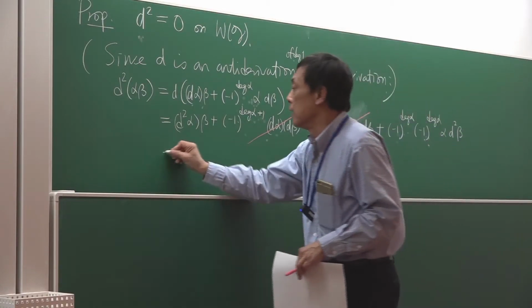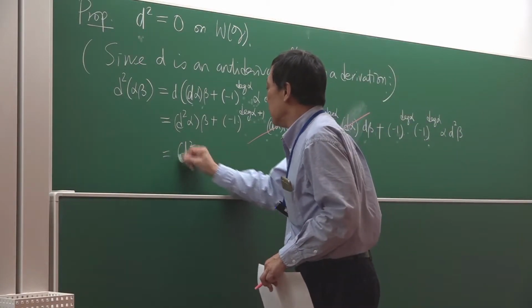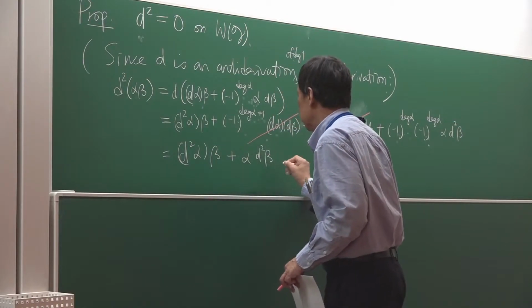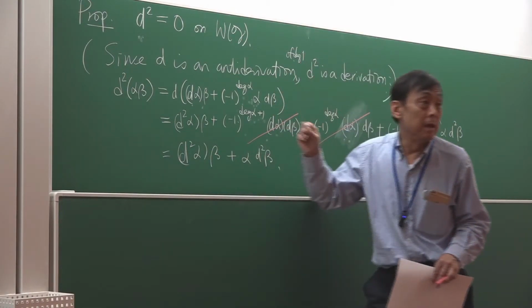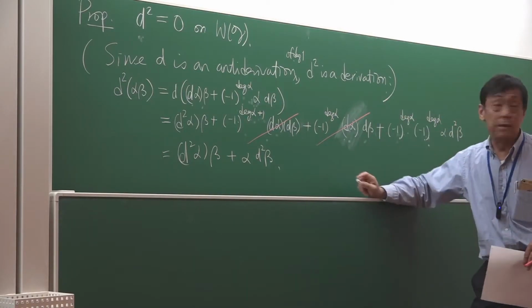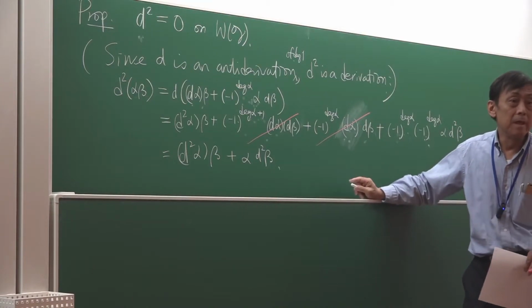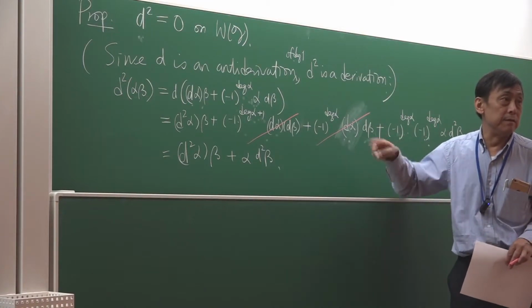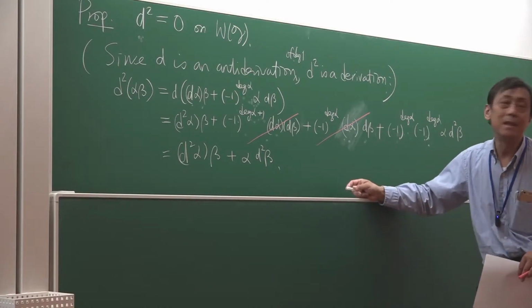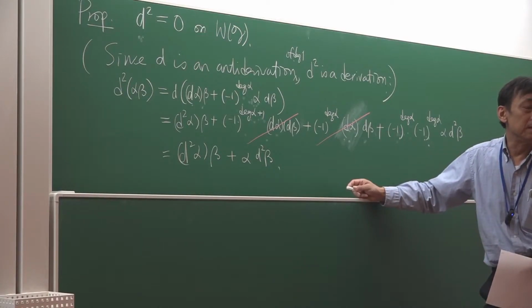And so you get d squared alpha beta plus alpha d squared beta. Okay? And that shows that d squared is a derivation. If you start with an anti-derivation, its square is a derivation. Okay?